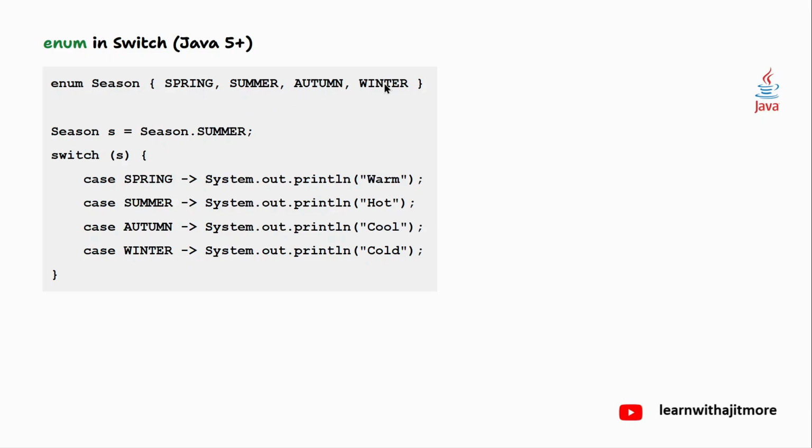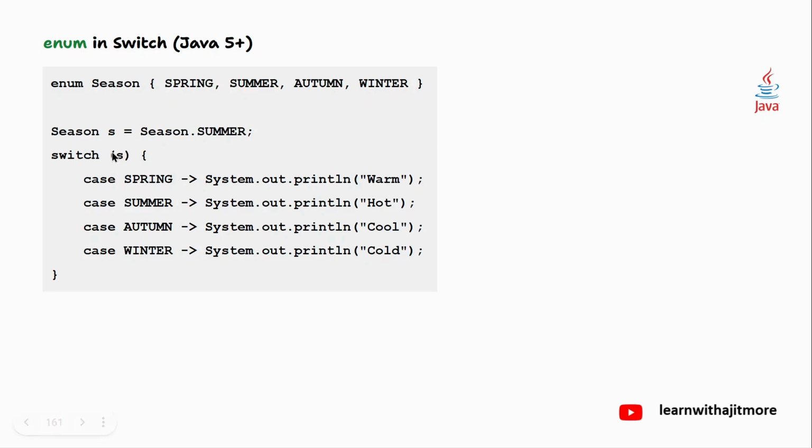These three, four, they are automatic objects of Season only. When we discuss enum, I'll tell you internally how this is getting converted. The spring is getting converted to a Season object only. Summer is also a Season object. Okay.